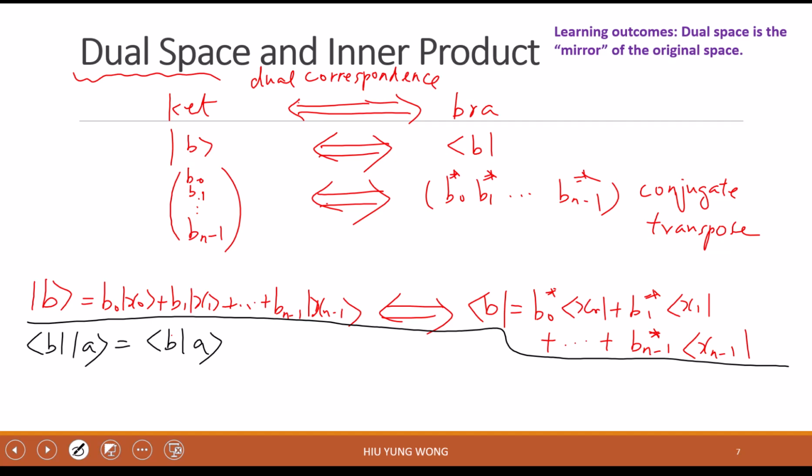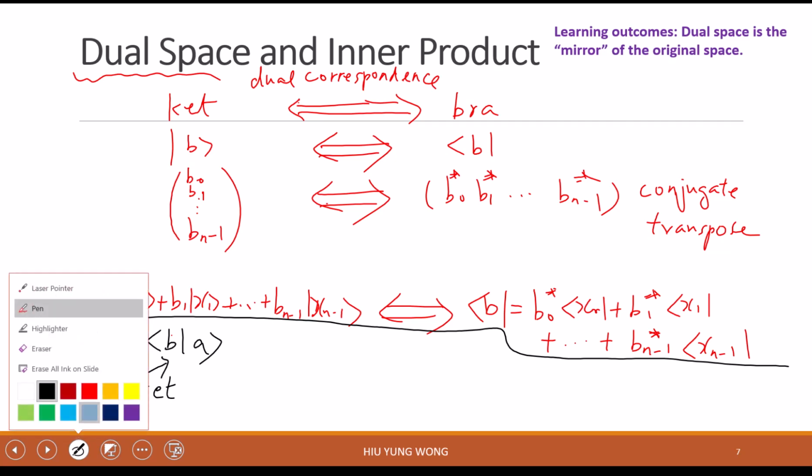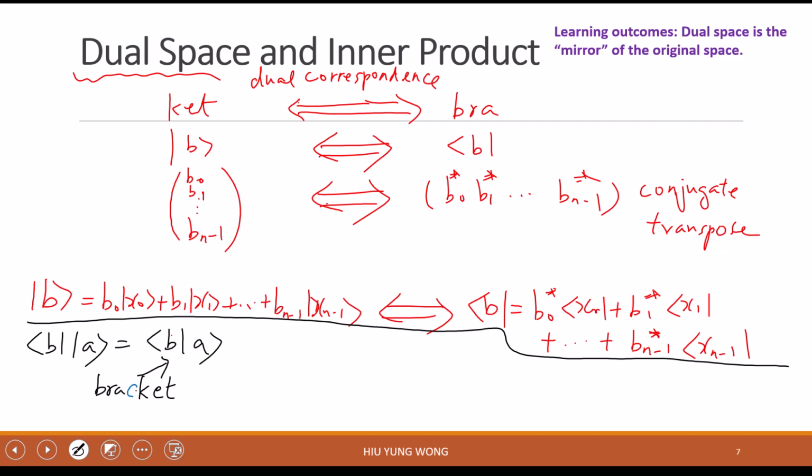And now maybe you know why this is called bra. If I insert an alphabet here, it's called bracket, right? That's why the left one is called bra, the right one is called ket. Okay? That's the reason.